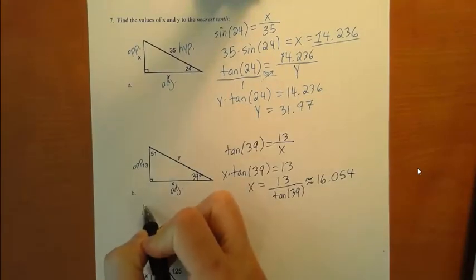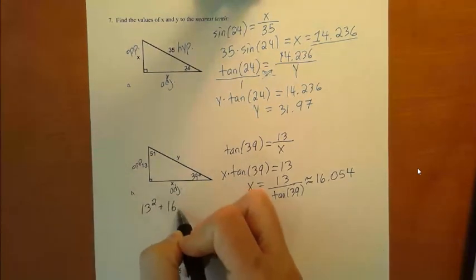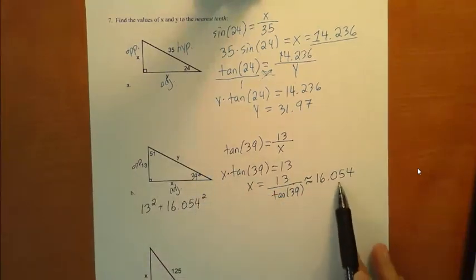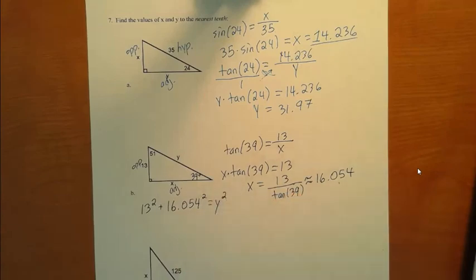So we can write it as 13 squared plus 16.054 squared from our x value over here. That is going to be equal to y squared.